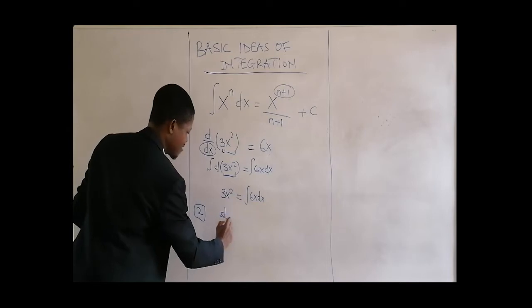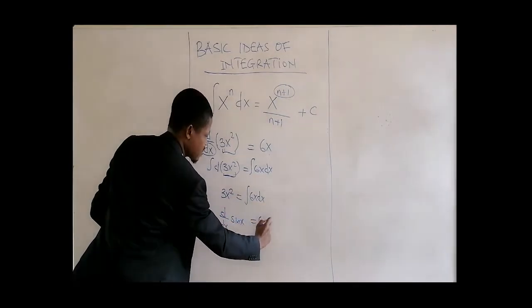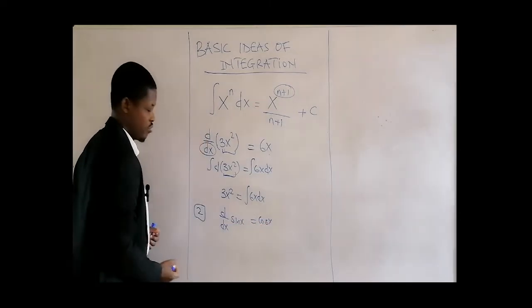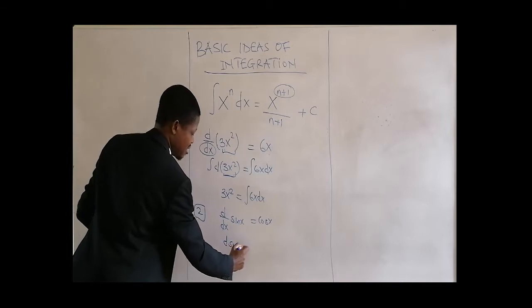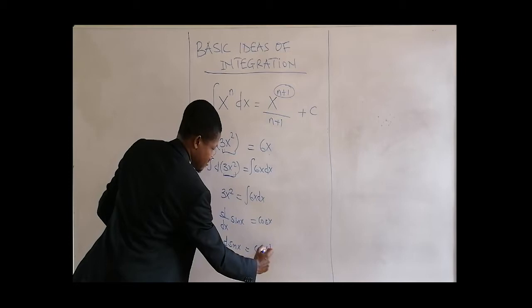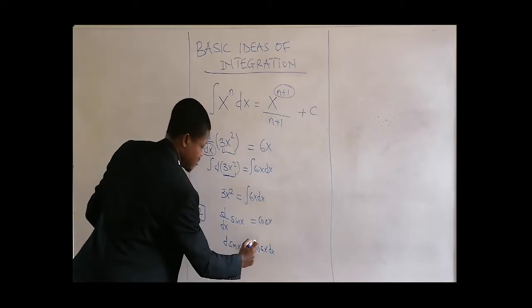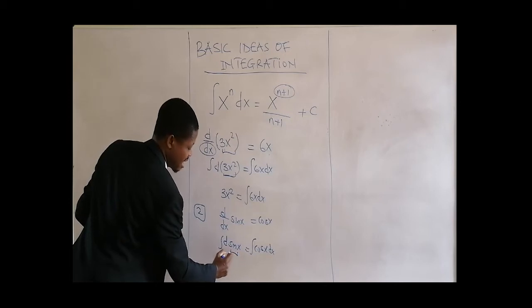Let's take another example. We also know that d/dx of sine x is cos x. Can you also multiply both sides by dx? So you have d sine x equal to cos x dx. Integrate both sides, and the d of a function will give you the function.